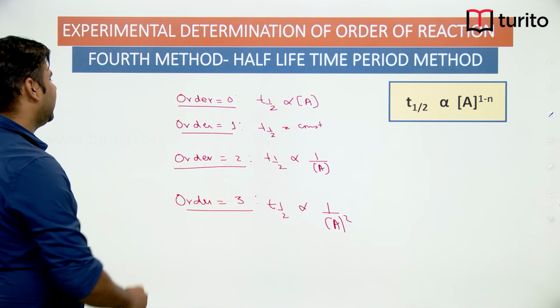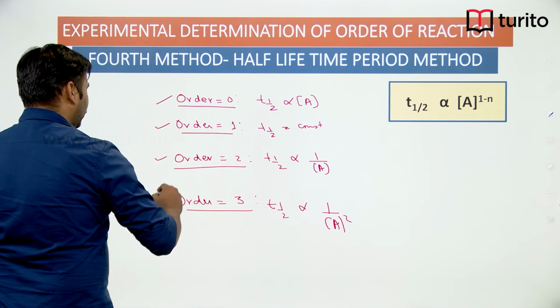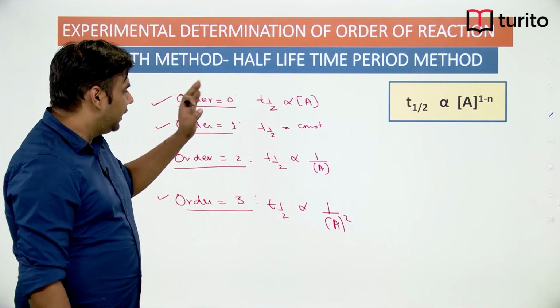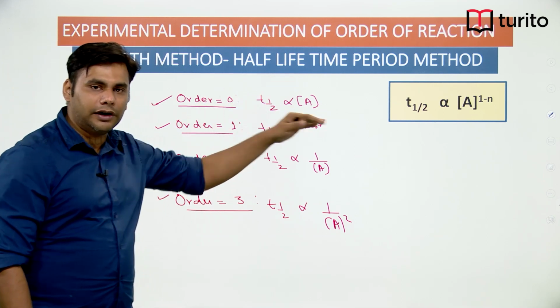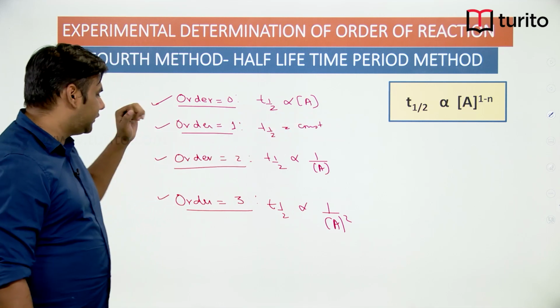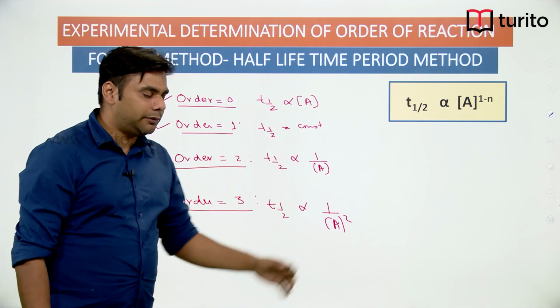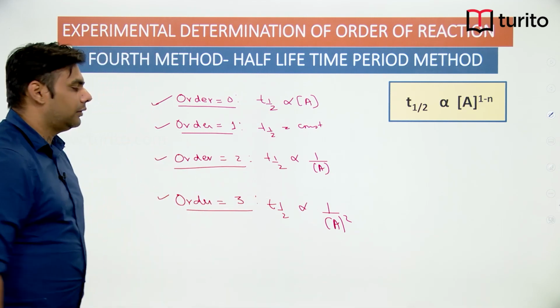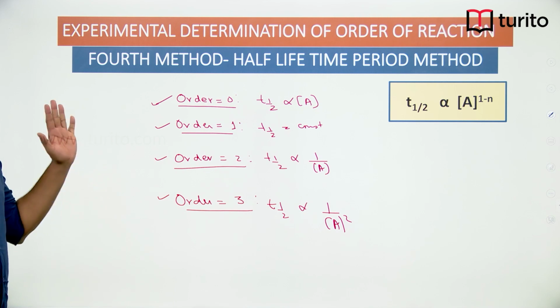So this is the very basic idea. We can do the plotting as well. T half versus concentration for a zero order will be a straight line passing through origin. For a first order it will be a straight line parallel to the concentration axis. For a second order, t half versus A will be a rectangular hyperbola, and for a third order it will again be a rectangular hyperbola. I hope this is clear to everyone.